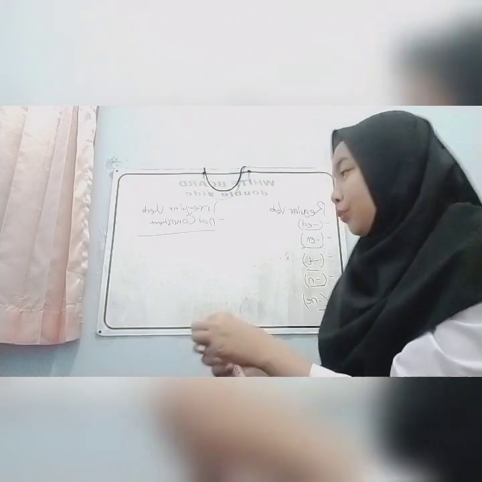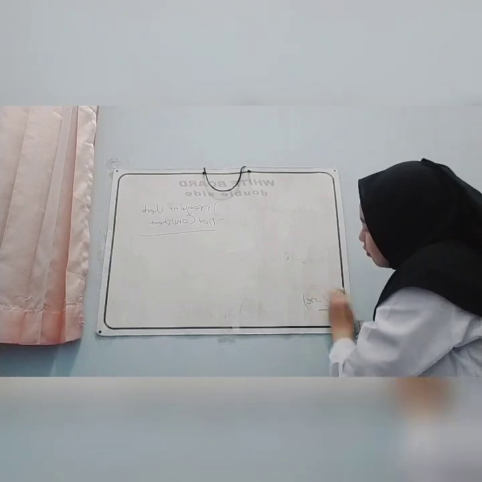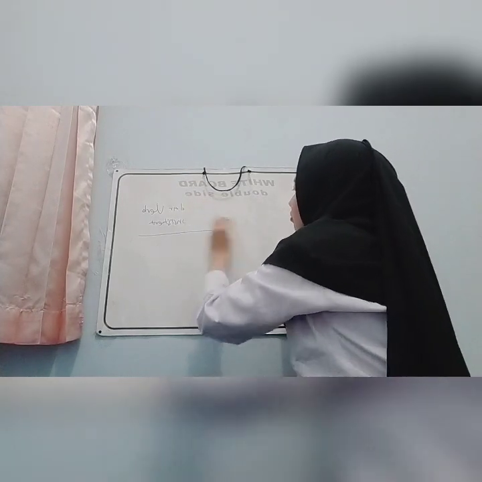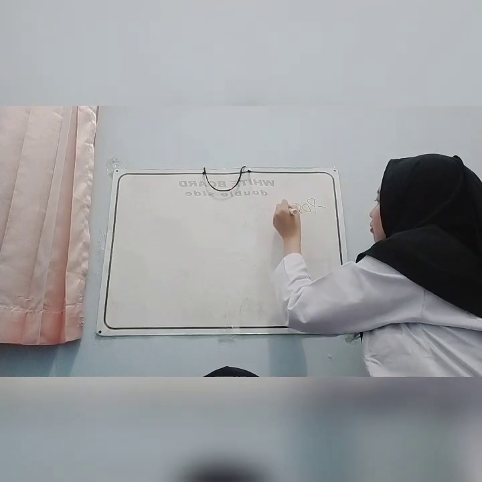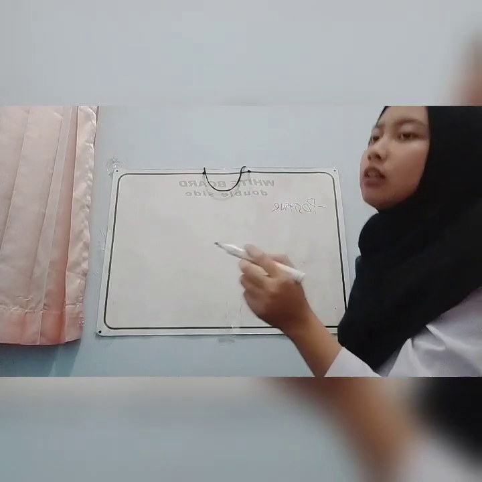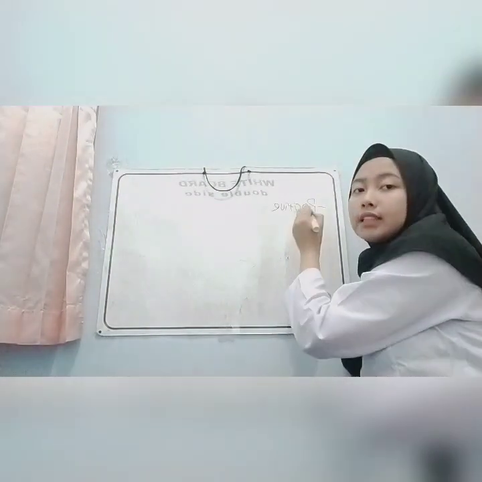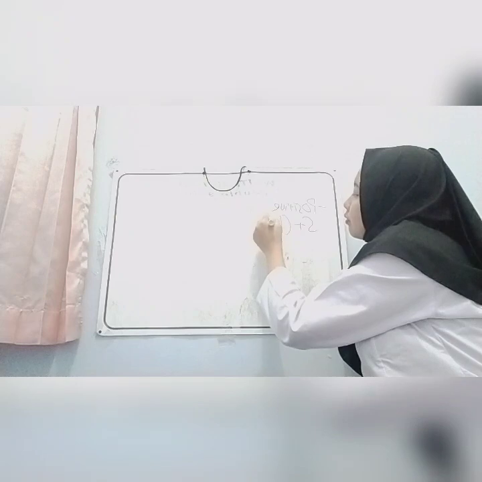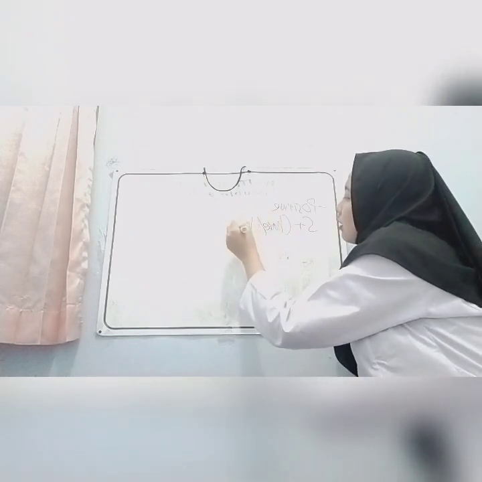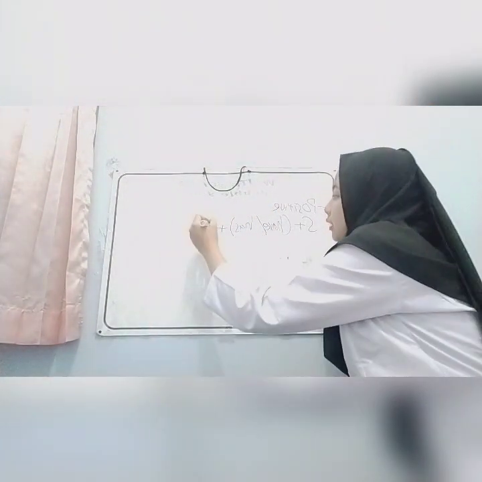I will explain it to you. Positive: the formula is subject plus auxiliary verb have or has plus past participle, verb 3.